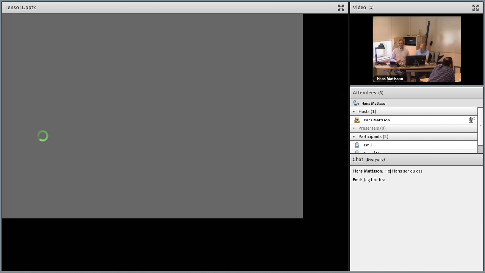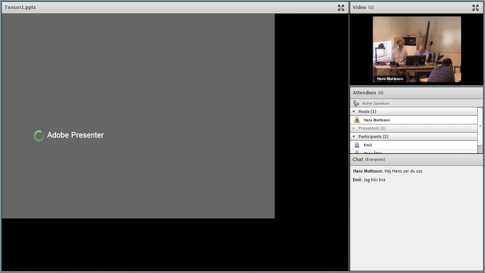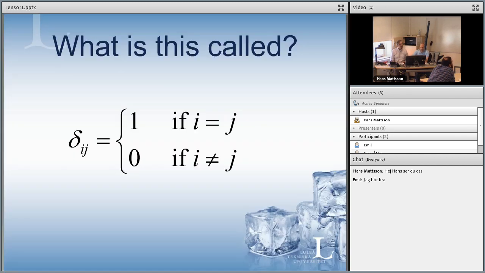It's exciting, isn't it? Okay. What is this called? That's correct. You have to repeat. It's the Kronecker delta, the answer. So group number 2 was answering correctly.